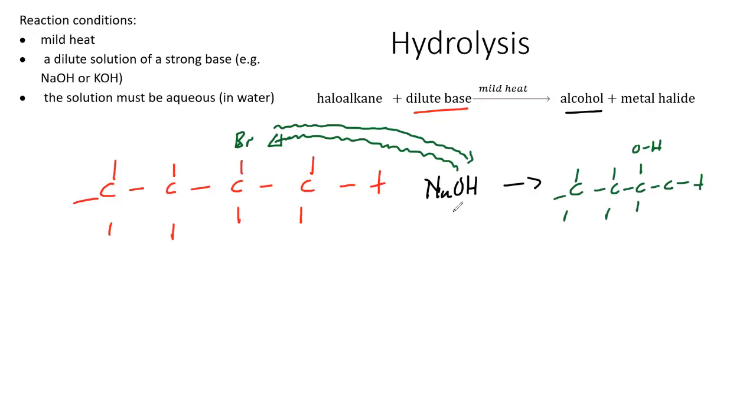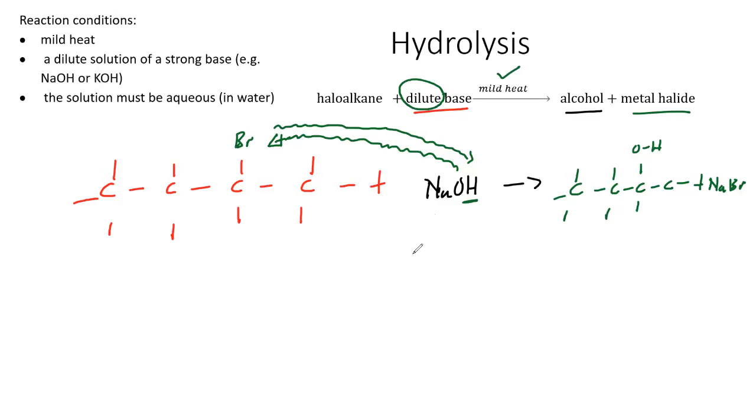And then where there was OH, there's no longer OH, there's now Br, metal halide, NaBr there. Now here's the key, listen to me very carefully. In hydrolysis, you're always going to use a dilute base. And you have mild heat as well.